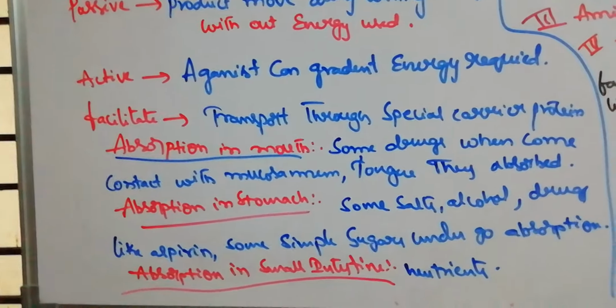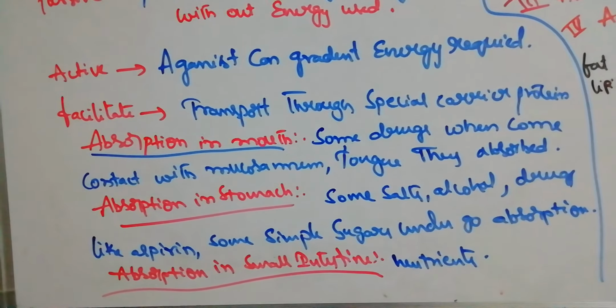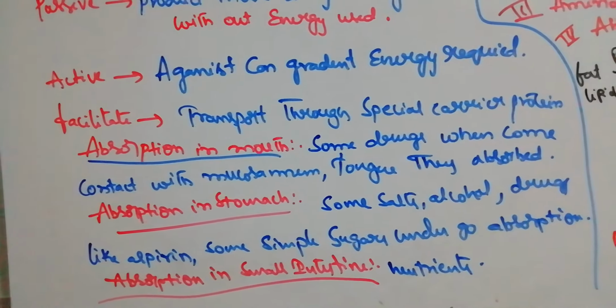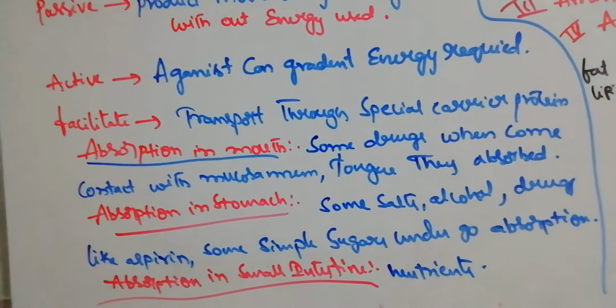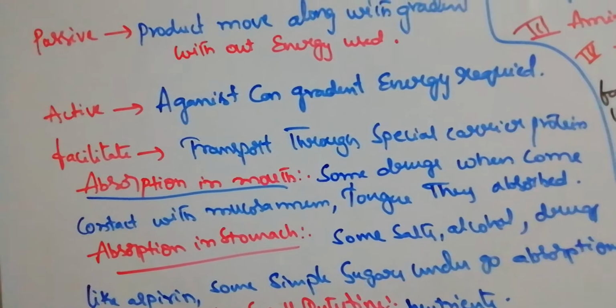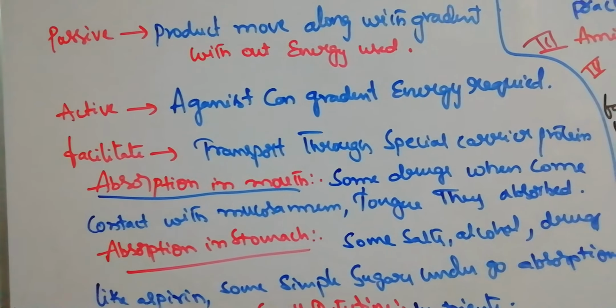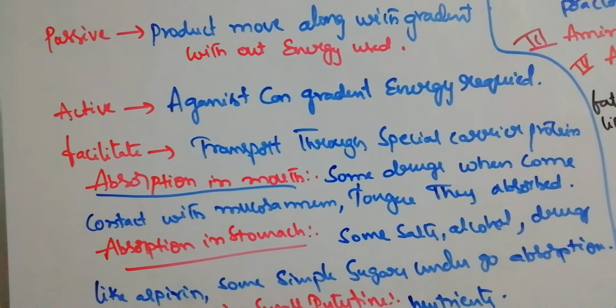lymph. See, absorption takes place in the mouth: some drugs and simple sugars, when they come in contact with the mucosal membrane or the blood vessels below the tongue, easily enter the blood.